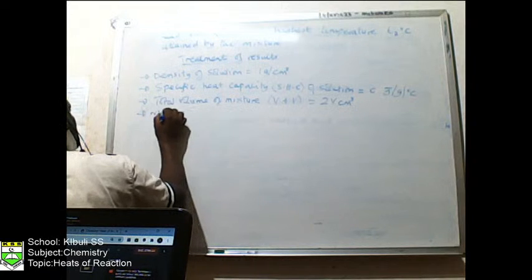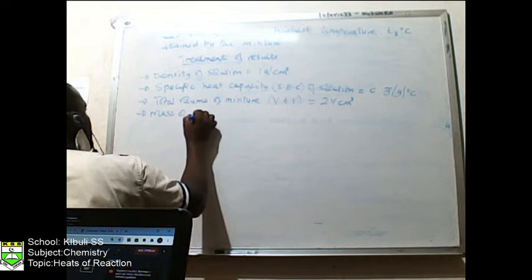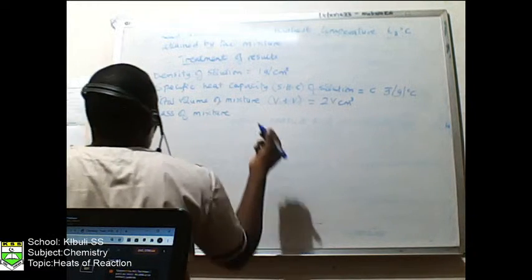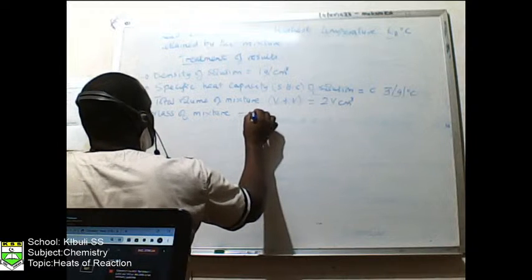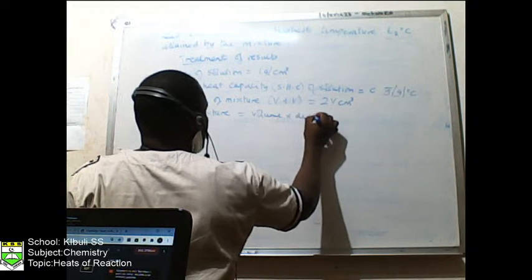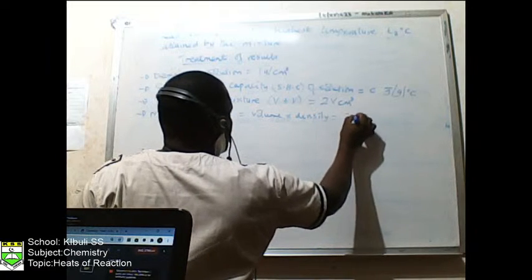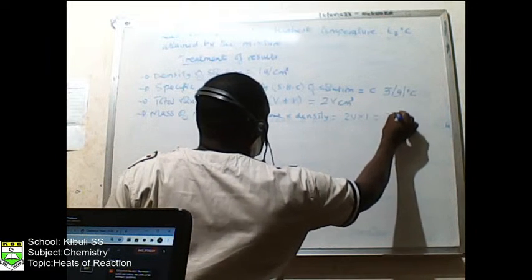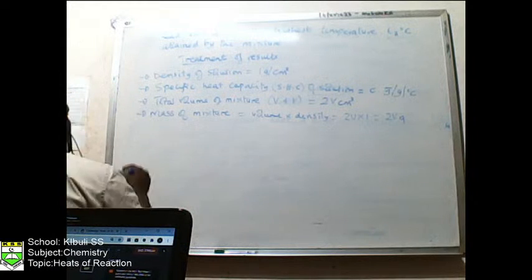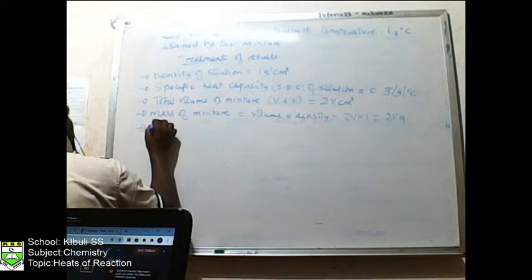Then mass of mixture, or mass of solution, is equal to the volume times density. So it will be 2V times 1, which is 2V, and this will be grams.